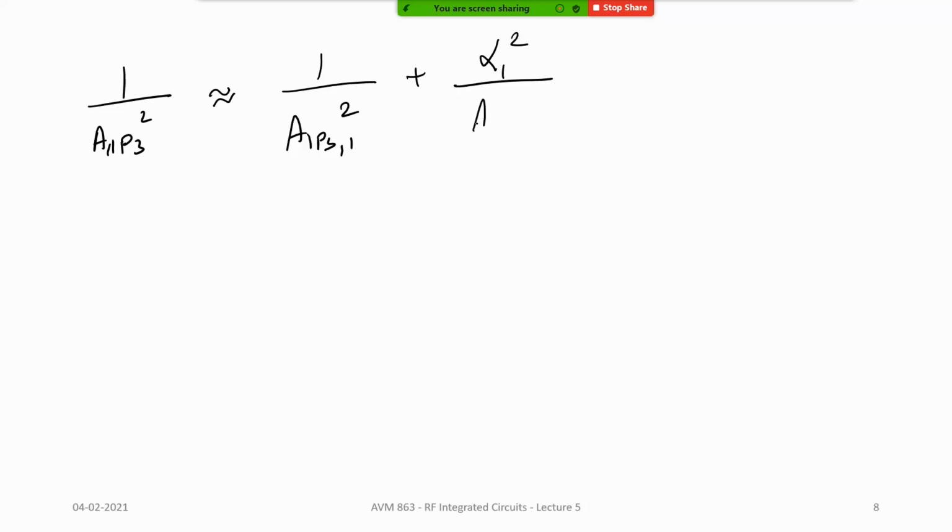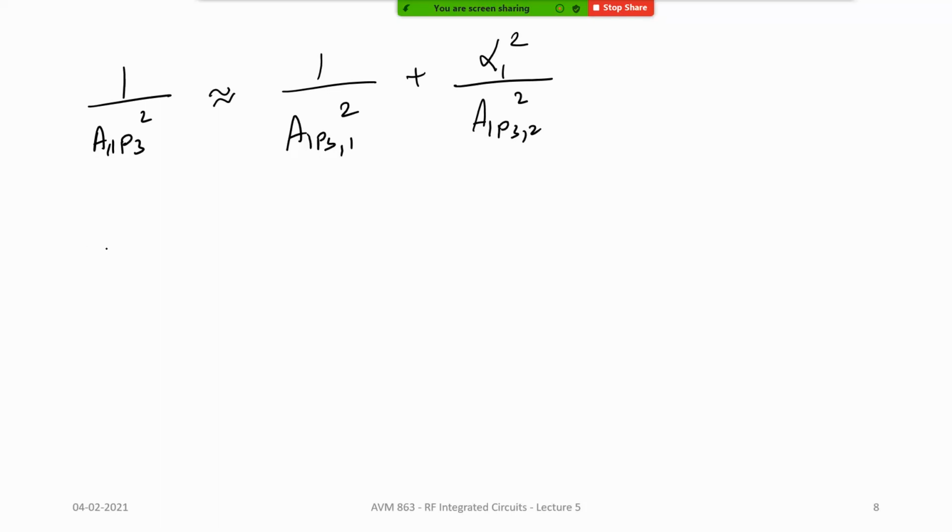We can generalize it and say 1 by AIP3 squared, and it holds good for OIP3 also, is approximately equal to 1 by AIP3 1 squared plus the gain of the first stage squared divided by AIP3 2 squared.